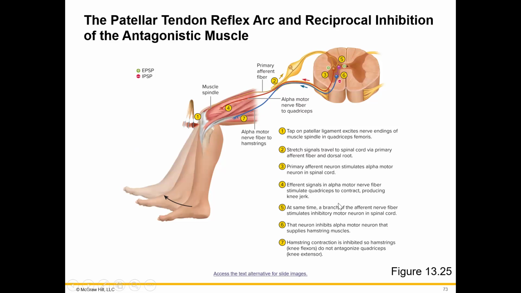So at the same time, a branch of the afferent nerve fiber will stimulate the inhibitory motor neuron in the spinal cord. And that neuron inhibits the alpha motor neuron that supplies the hamstring muscles. So the hamstring contraction is inhibited, and the knee flexors do not antagonize the quadriceps.